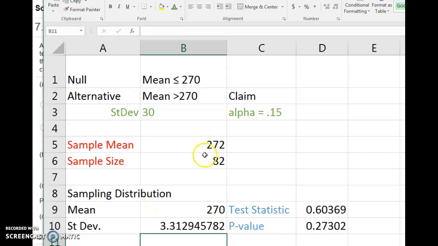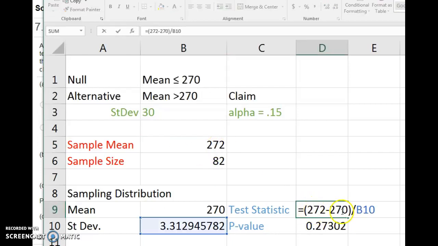And now let's look at our particular sample, what our result was. So you take how far away your result is from the mean and divide by the standard deviation for your sampling distribution.